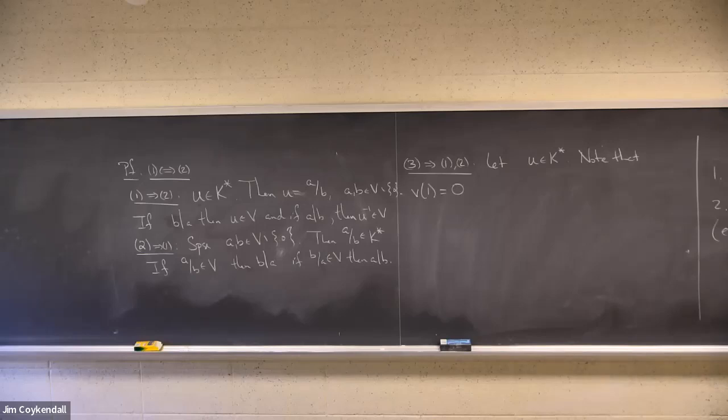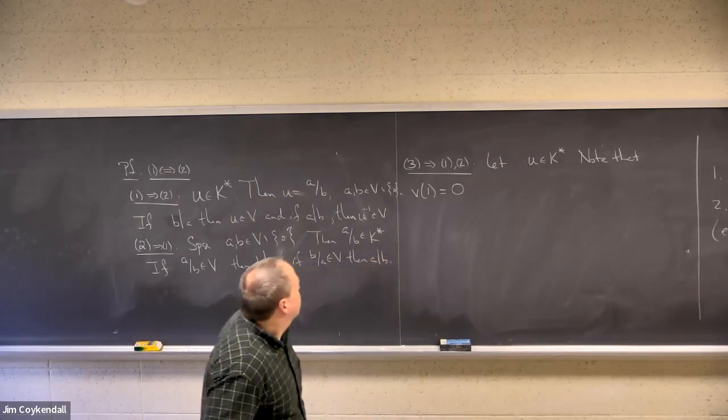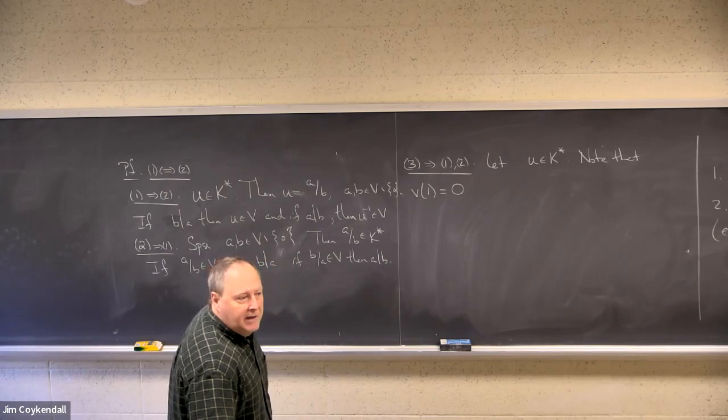This follows, of course, from the product, but let me take this way. Notice this: K star is an abelian group under multiplication, and gamma, the image, is some other abelian group. So we know the valuation must take the identity of K star to the identity of the other group. So the valuation of 1 is 0.